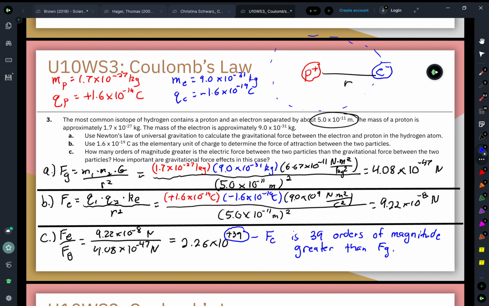If it's 2 orders of magnitude greater, that'd be 100 times greater. 3 orders of magnitude, 1,000 times greater. This right here, our electrostatic force is 39 orders of magnitude greater than our force of gravity. What that means is our gravitational force is kind of insignificant in holding our proton and electron together in the most common isotope of hydrogen.